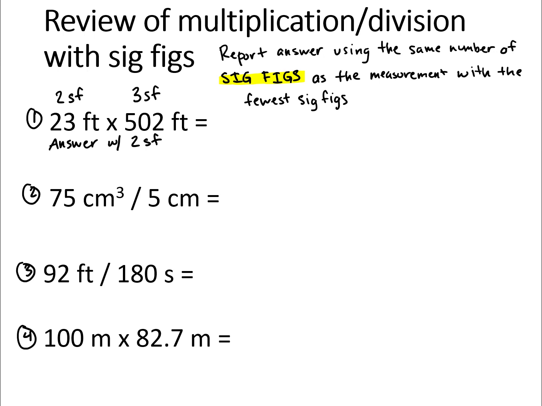So when you multiply these two numbers together, what do you get? Well, we need to report this answer with 2 sig figs. What does that look like?